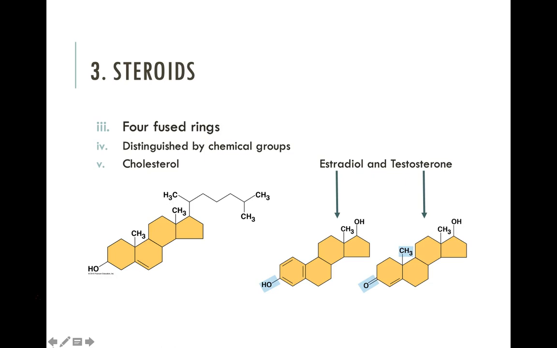So cholesterol is a steroid that is a precursor to estradiol and testosterone, which are sex hormones that help to differentiate male and female characteristics. And you can see these molecules are really, really similar, but they differ in their functional groups. So cholesterol from the diet is modified into these different hormones based on the functional groups that are attached to those structures.